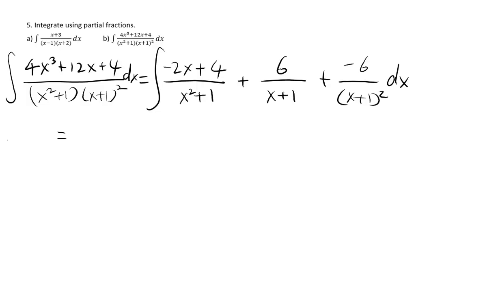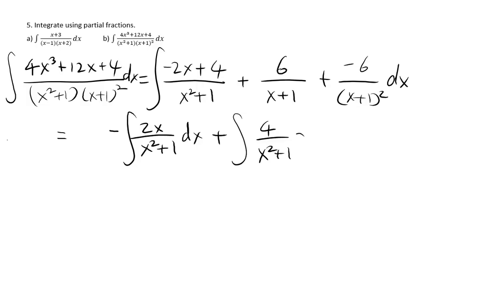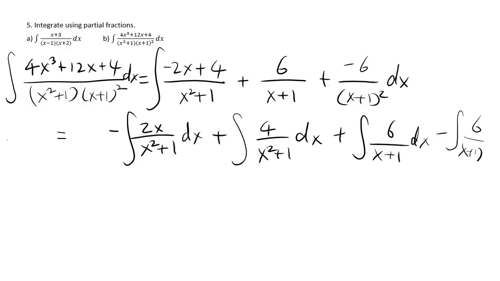Okay, so you have the integral of negative 2x over x squared plus 1, and then you have 4 over x squared plus 1. I'm splitting all the fractions. And then integral of 6 over x plus 1, and then negative integral of 6 over x plus 1 squared dx.